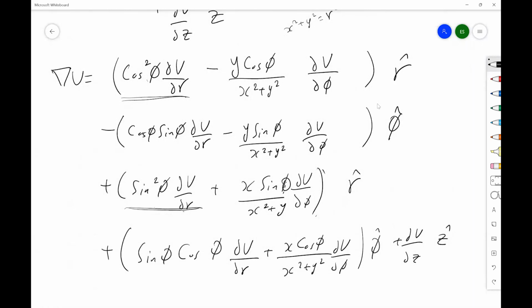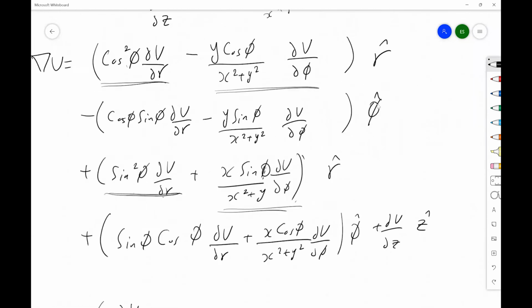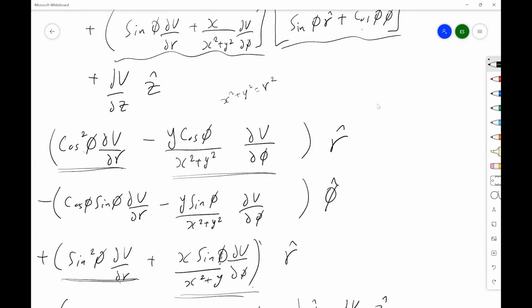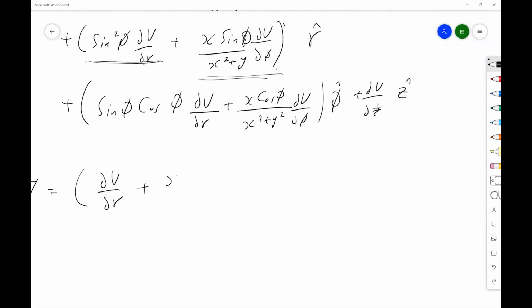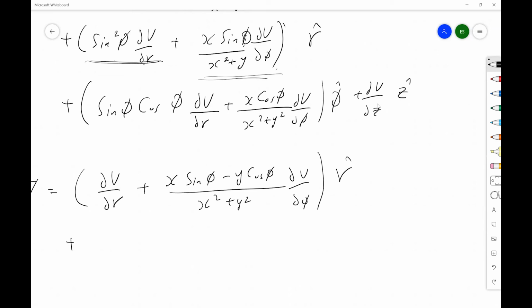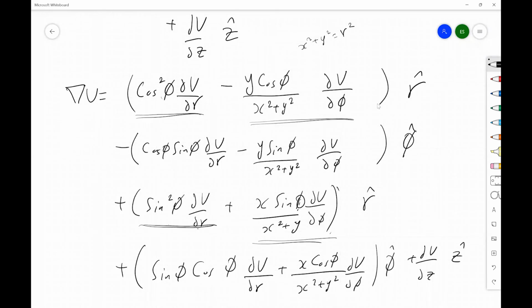And then the next, I want to take this and add it to this. So I end up with x sine phi minus y cosine phi over x squared plus y squared du over d phi r hat, plus now I want to take the phi hat components.